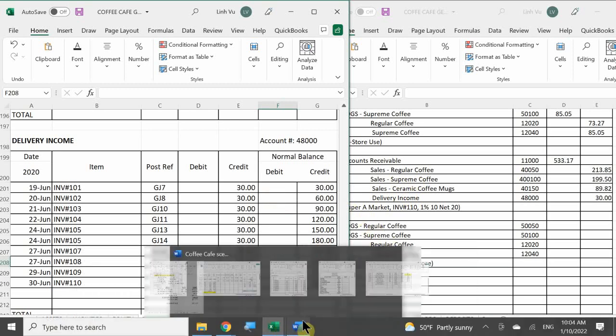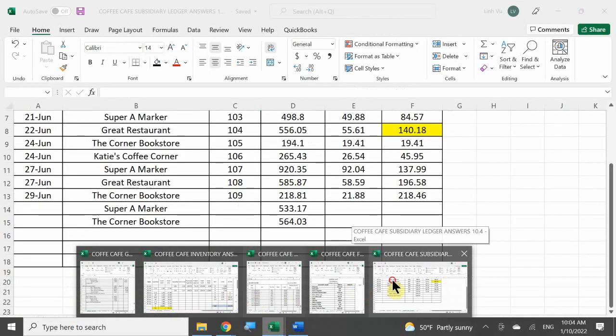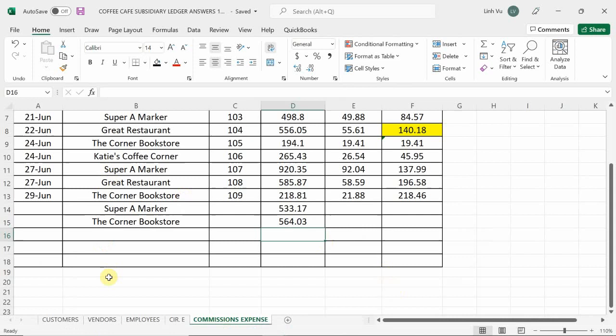We have to go ahead and update our subsidiary ledger because we sold to Super A Market and they owe us money. So in this case, I'm already here on my commissions. We sold to Super A Market, invoice number 110 for the 533.17.